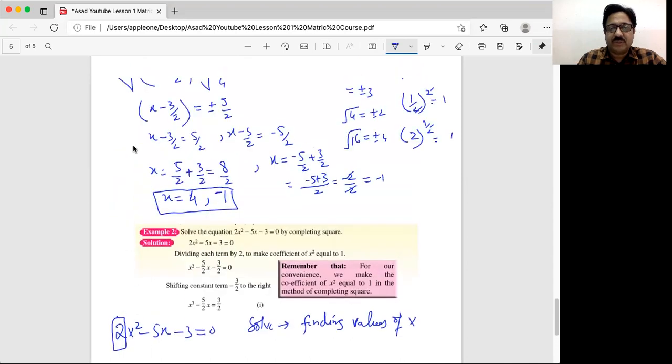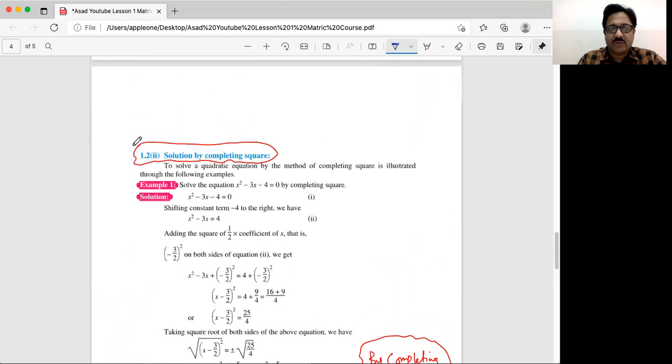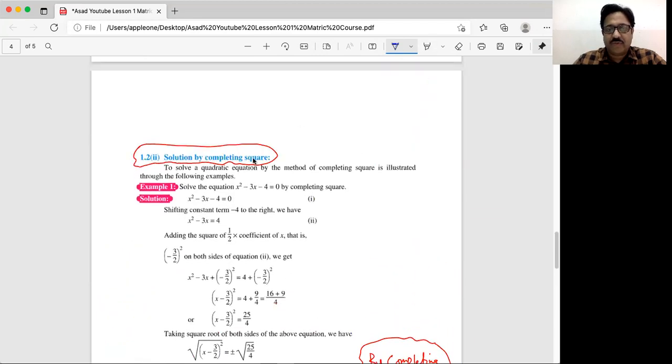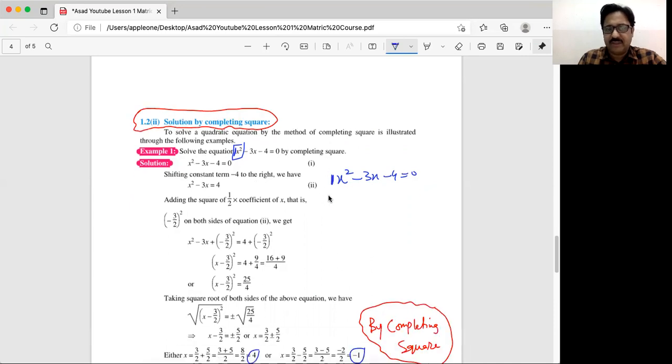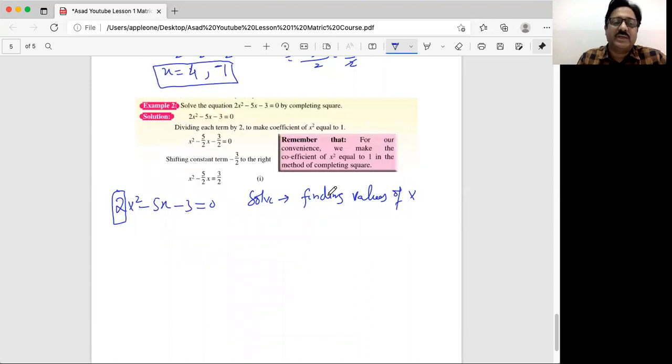In the previous question, x square minus 3x minus 4 equal to 0, the coefficient of x square was 1. So when the coefficient of x square is 1, you just use the method I did in that question. Here the coefficient of x square is other than 1, so our steps are different.